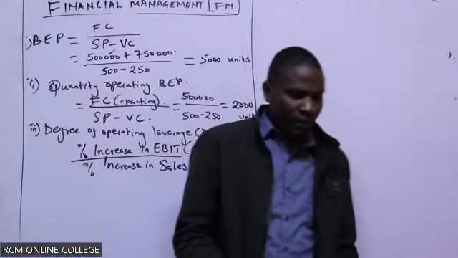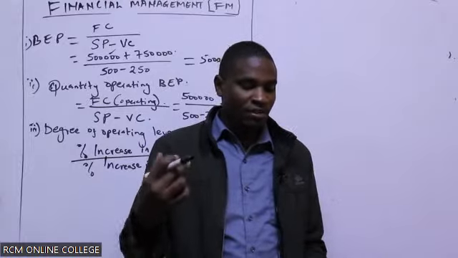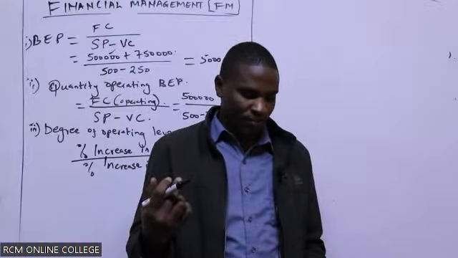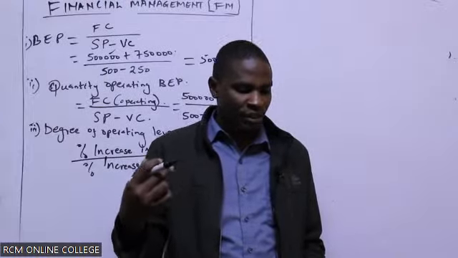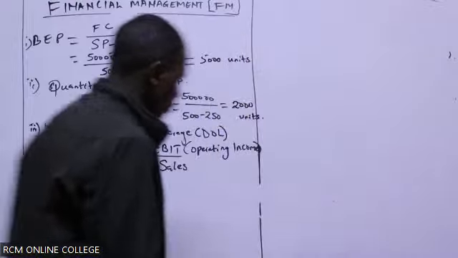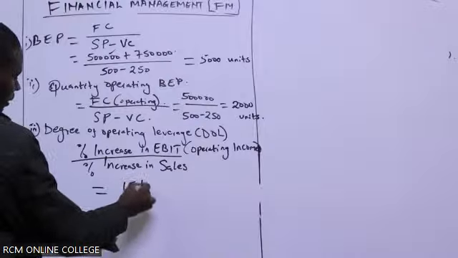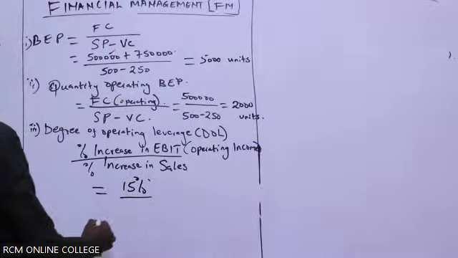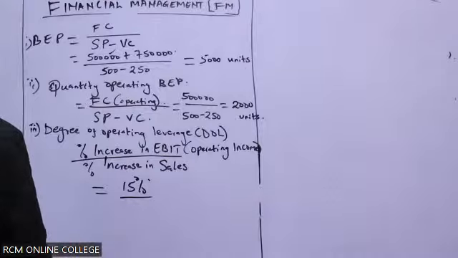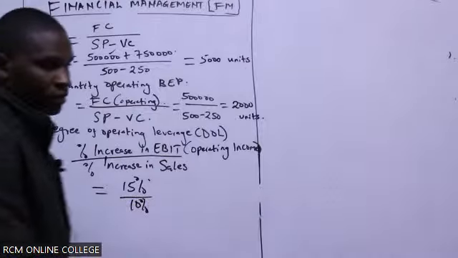Now, the given analysis reveals that a firm sales increases by 10%. Good. And the firm earning before interest and tax, EBIT, increases by 15%. Sasa, hiyo unachukua to the percentage given na. So, it will be 15% divided by, ina ingine ina increase na ngapi? Ina increase na 10%. And you are done.